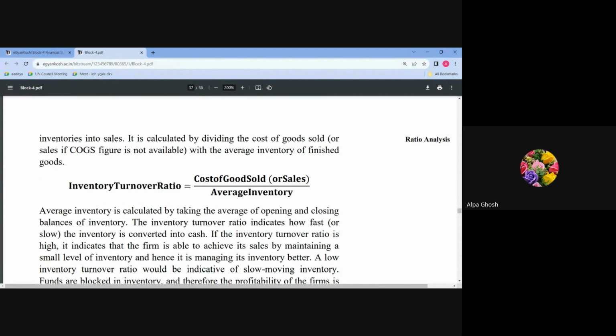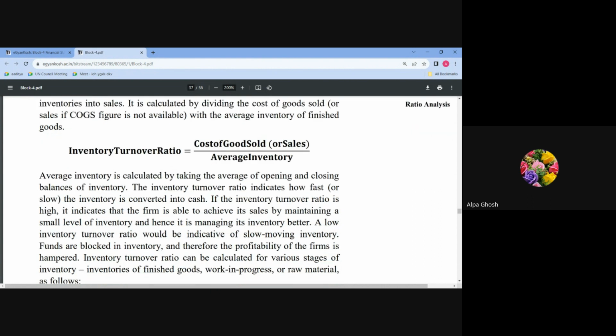We try to find out, are we doing justice in inventory or we are just blocking the funds in the inventory. The formula is cost of goods sold or sales divided by average inventory.